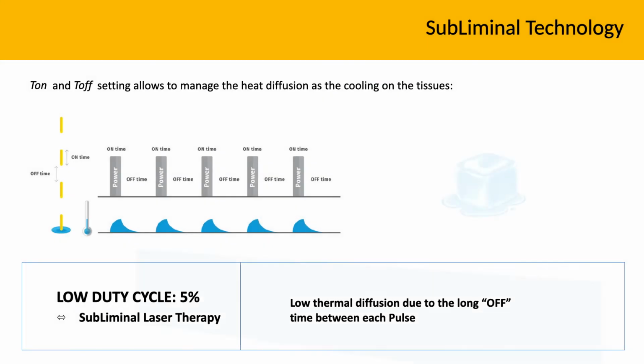So when we see this graph here, we can see with a 5% duty cycle, the tissues are receiving the heat 5% of the time, and then 95% of the time, the laser is off, which allows the tissue to cool off, and then we don't have iatrogenic damage. And then we repeat the pulse again, and then we get 5% the laser is on, and then 95% of the time the laser is off.